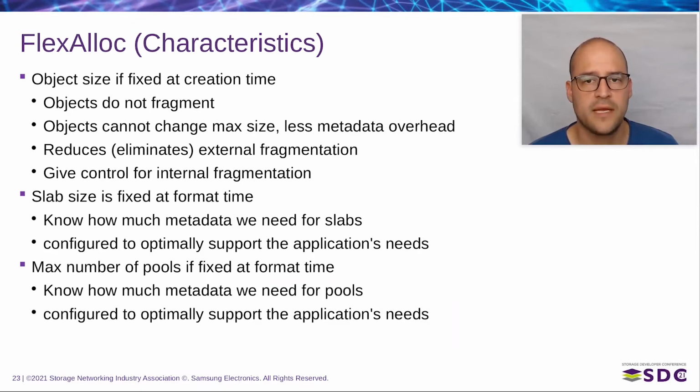This reduces the metadata needed to handle the objects, and it also reduces external fragmentation, as there are no calculations by the block allocator on how many additional blocks are assigned to the object. The internal fragmentation, on the other hand, is fully under the control and responsibility of the application.